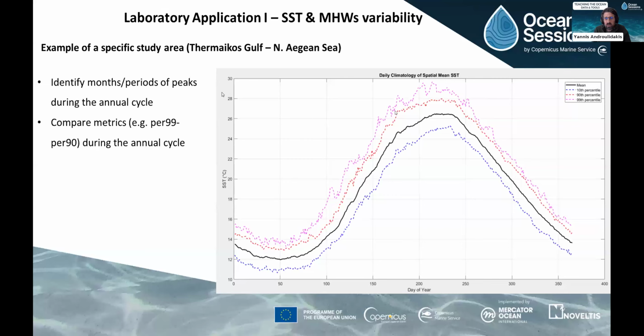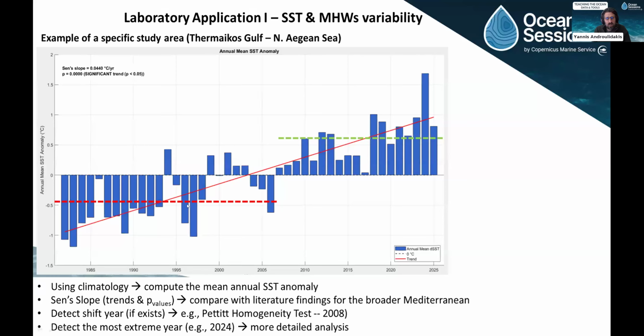So you can see the different climatologies that this student produced, for different percentiles, for example, and also the interannual variability for this region, where you can see the trend, the respective slope.